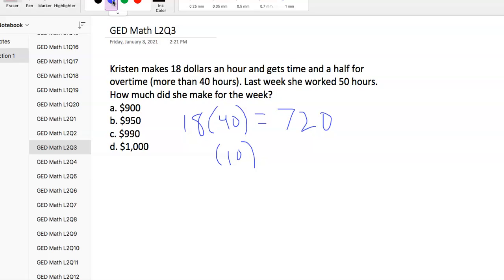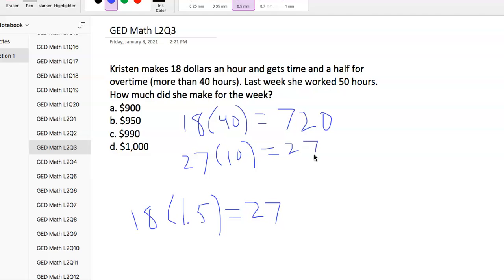As far as what she gets paid per hour, it's now going to be 18, which was her hourly rate, times, when we say time and a half, that means times 1.5. If we multiply that out, 18 times 1.5 is 27. So for those last 10 hours of the week, she's making 27 an hour. 27 an hour times those 10 hours is 270. And then we just add it up.